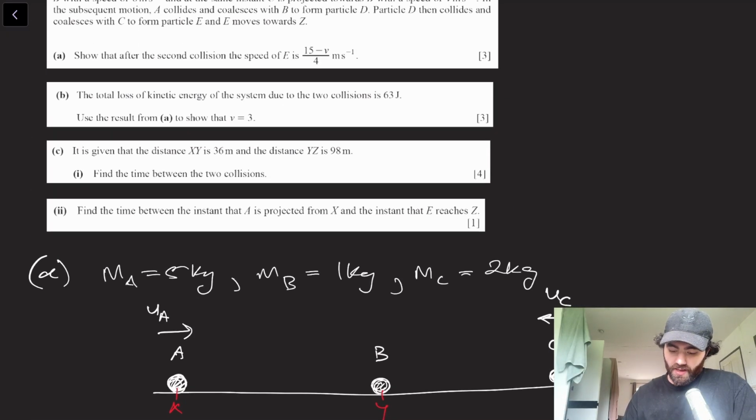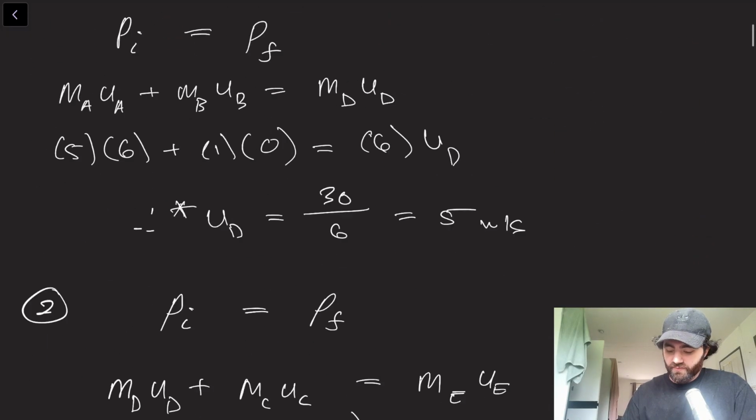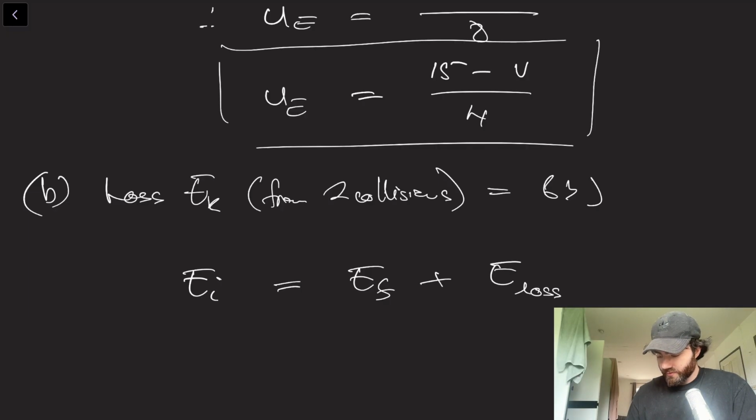Use the result from A to show that V equals 3. Well, we're probably going to have to set up an equation here for these energies. So we know that energy is conserved. So the initial kinetic energy will equal the final kinetic energy plus the energy lost.